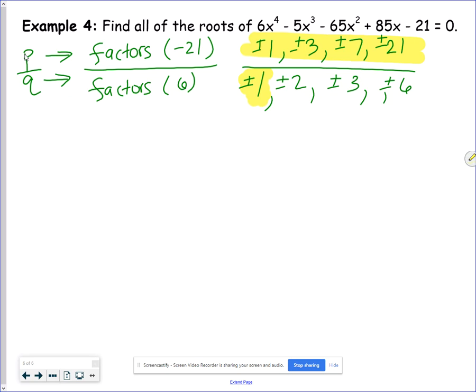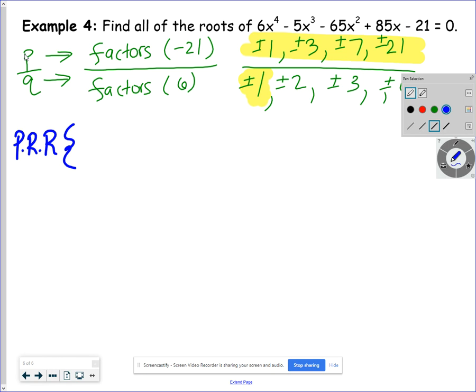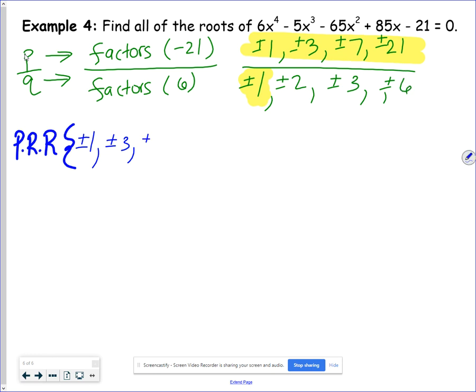This is how we're going to generate that list of possible rational roots. Okay? So if we take each of the numbers in the numerator and put them over 1, we're just going to get the same numbers back. So we got plus or minus 1, plus or minus 3, plus or minus 7, plus or minus 21.